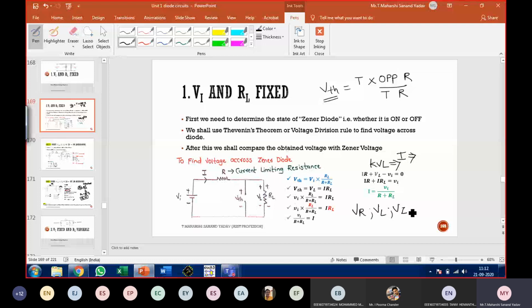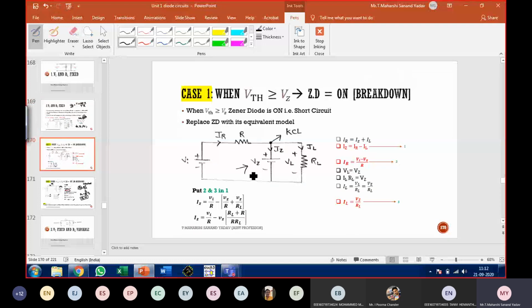So this is case number 1 now. When VTH is greater than VZ, the diode will be on. Once the diode is on, it should be replaced with its equivalent model. I've replaced it with the equivalent model and tried to find the current IZ. To get IZ, I apply KCL at this node.